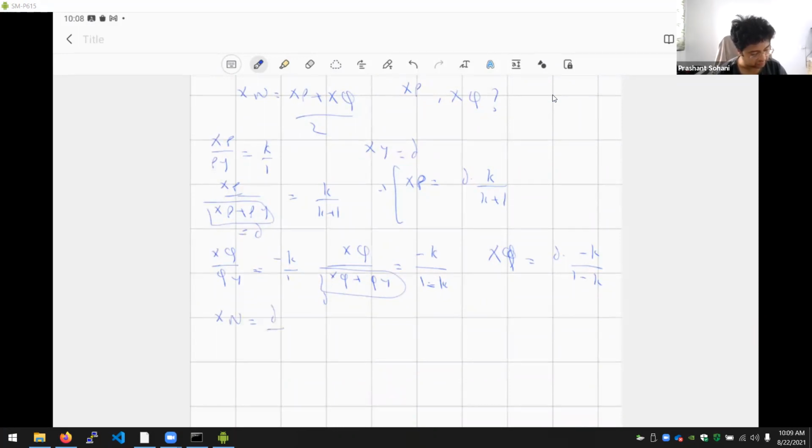So d will come common, d upon 2 times, in the bracket, I have k upon 1 plus k plus minus of k upon 1 minus k. And maybe I can simplify this a little bit to k minus k square.